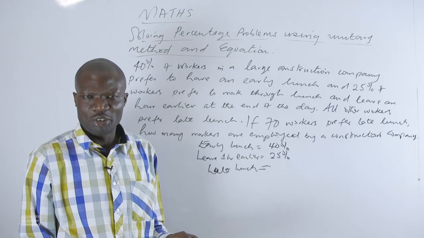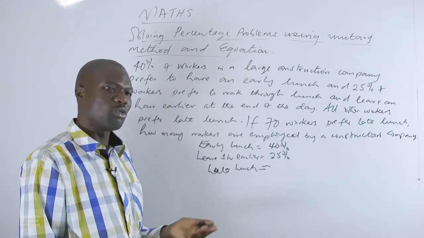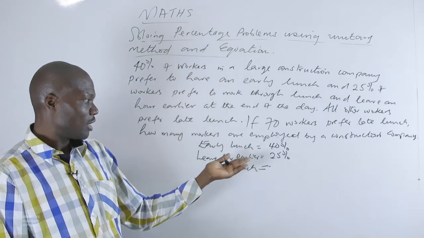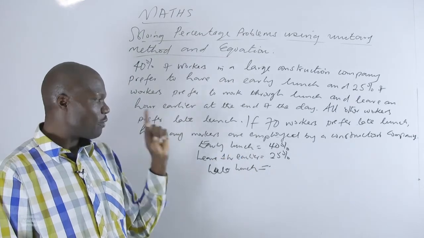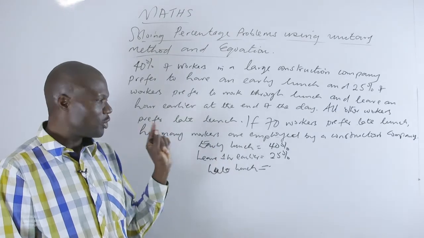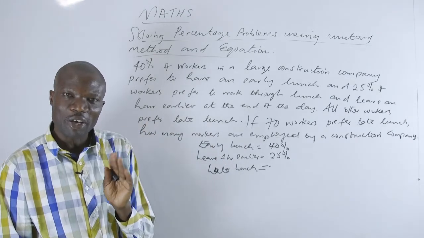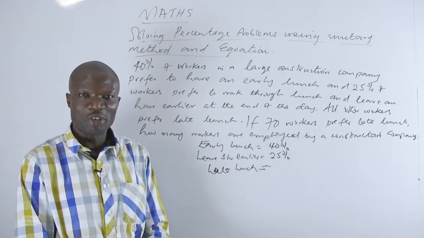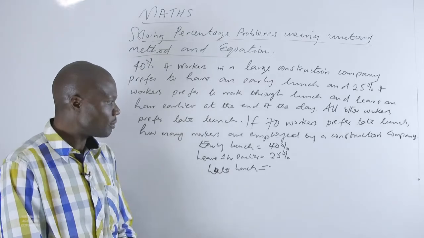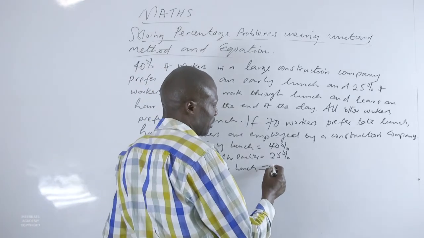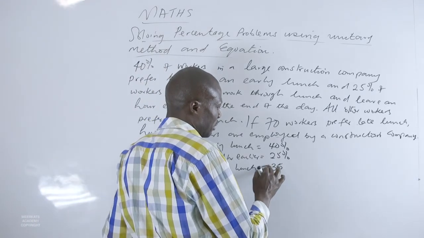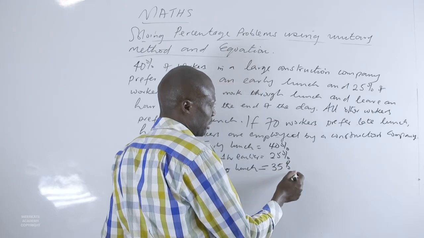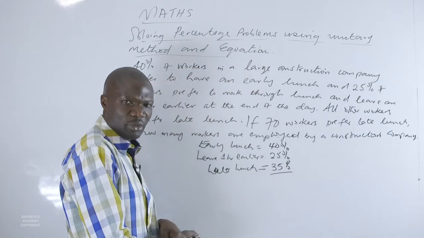What percentage of these workers go in for late lunch? We have 40 plus 25, which is 65. What percentage is remaining to give us 100? You'll find it is 35%.